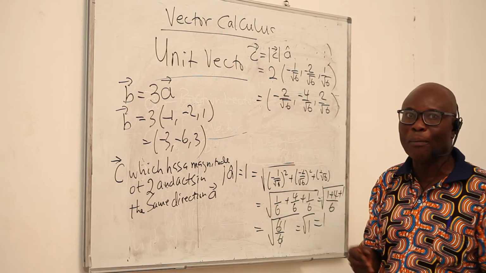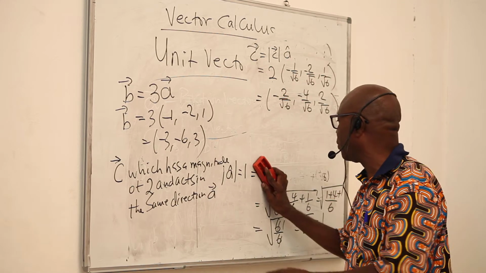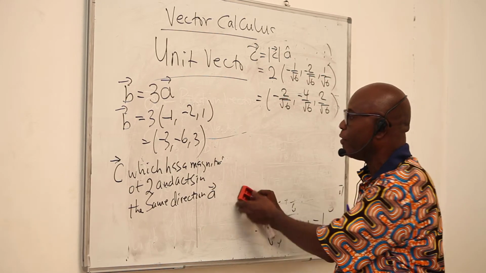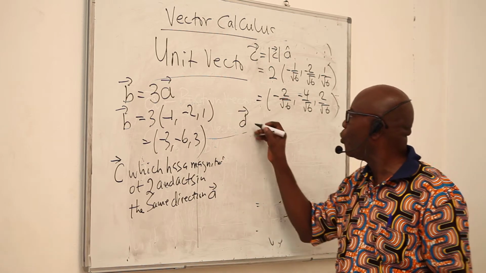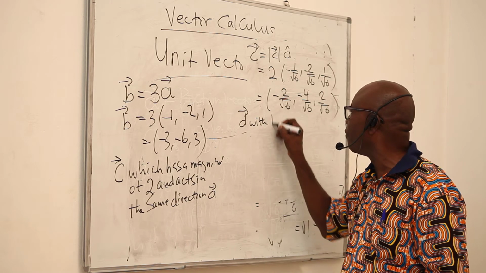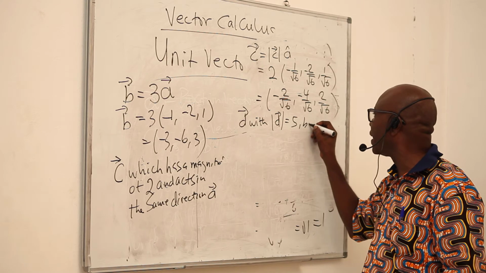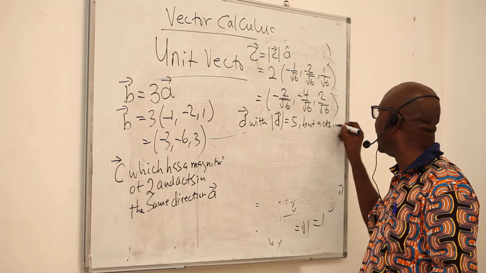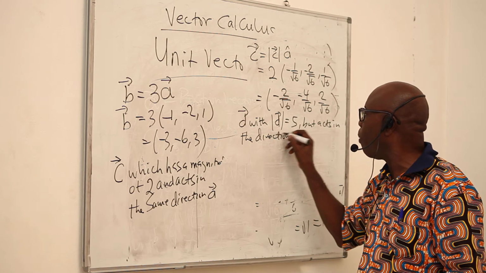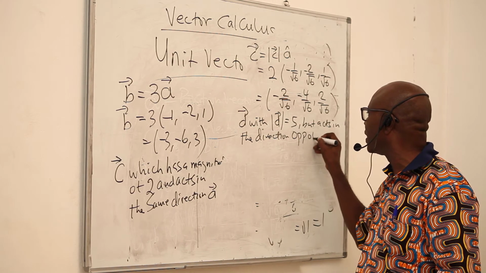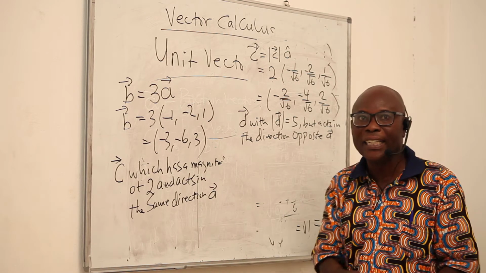And the last example that we can give on this unit vector is another example where we have vector D with magnitude of vector D equal to 5, but acts in the direction opposite vector A. You see, vector D is a new vector.